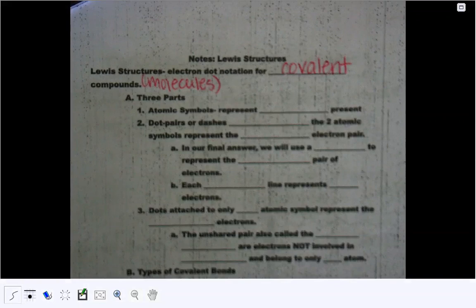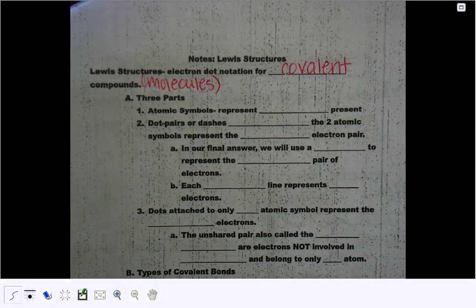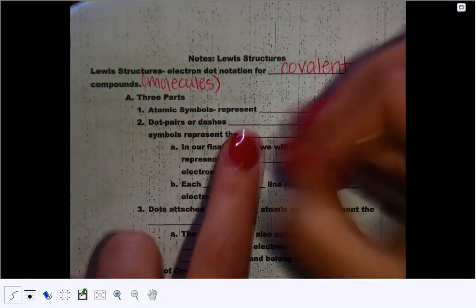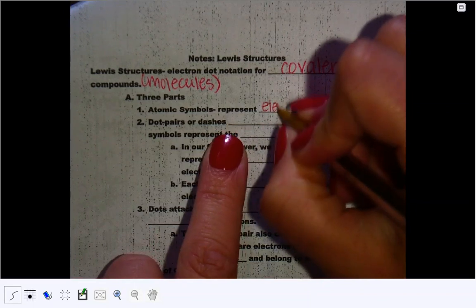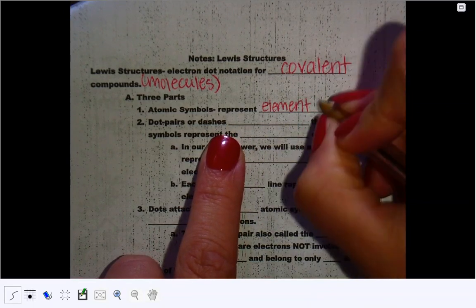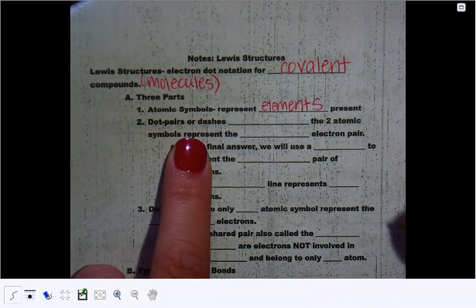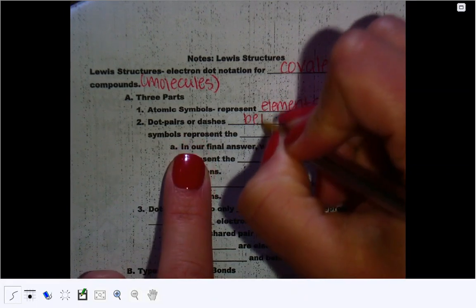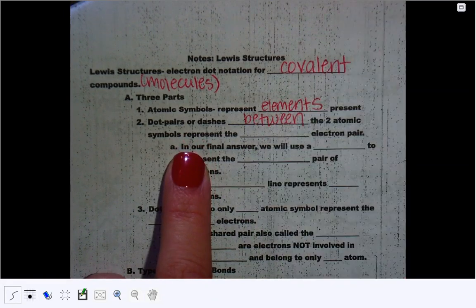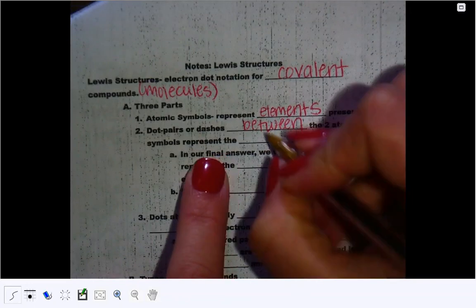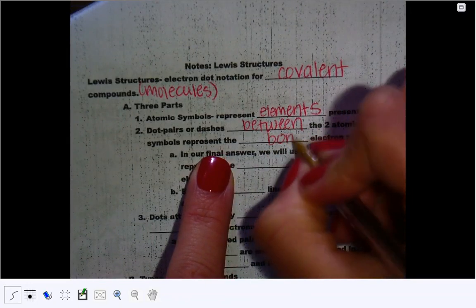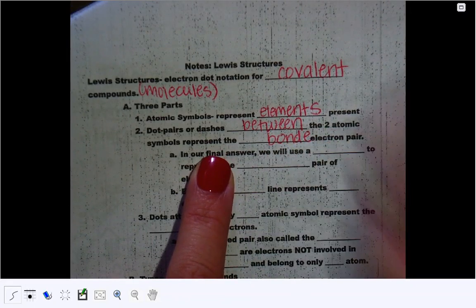So there are 3 parts. First, we have our atomic symbols. They represent the elements. Who would have known? We have our dot pairs or dashes between them, which are going to show our bonds, right? So they represent the bonded electron pairs.